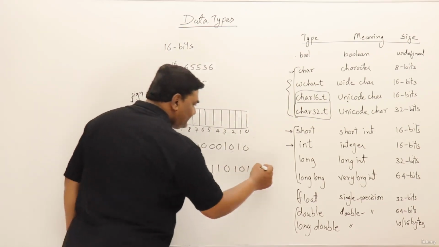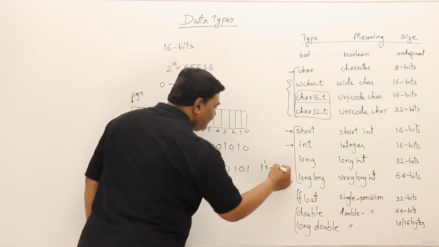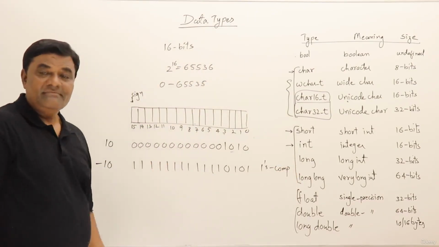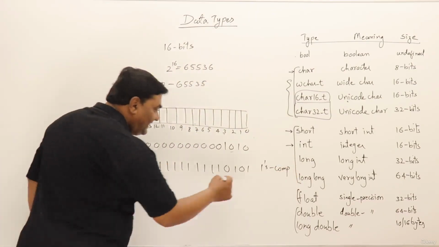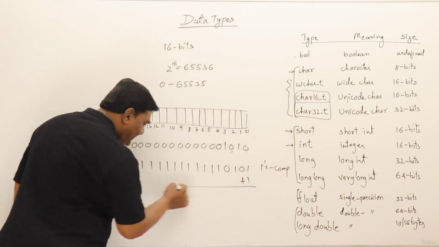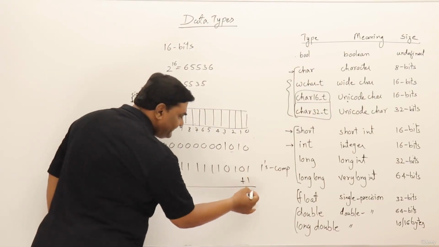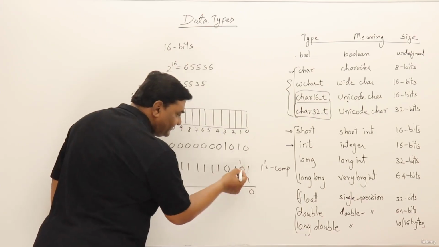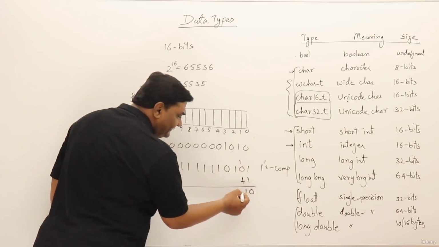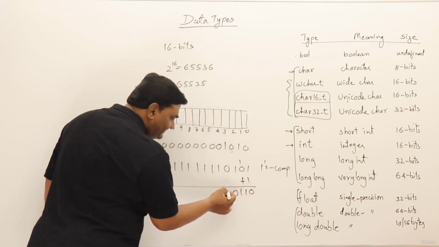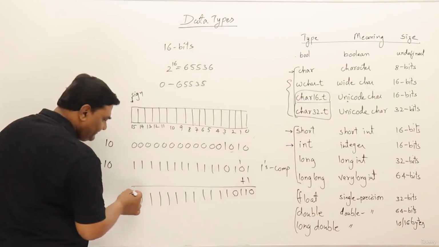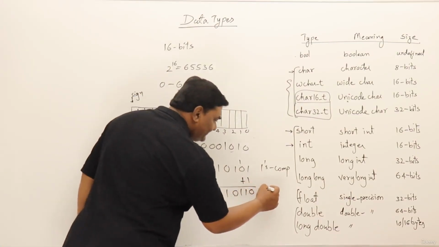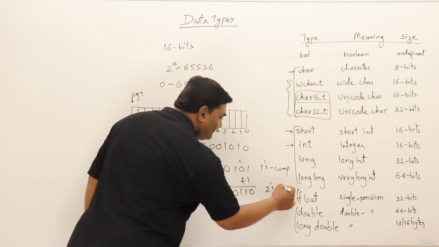We call this ones complement. Then 1 is added to this one. So when 1 is added, 1 plus 1 is 10, that is 2, so 0 and carry 1. So 1 plus 0 is 1 only. This is 1, then this is 0 1 1 1 1. After adding 1, what we are getting is called 2's complement.